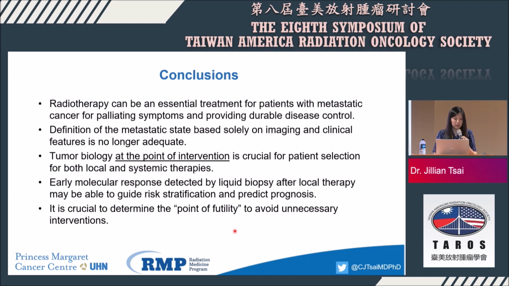And the early molecular response detected by liquid biopsy after local therapy can be a useful guideline for risk stratification. And last but not least, I think it's very important to determine the point of futility, because I know we want to treat patients, but sometimes the treatment doesn't help at all. So we want to know where to stop the treatment so that we can avoid unnecessary interventions.